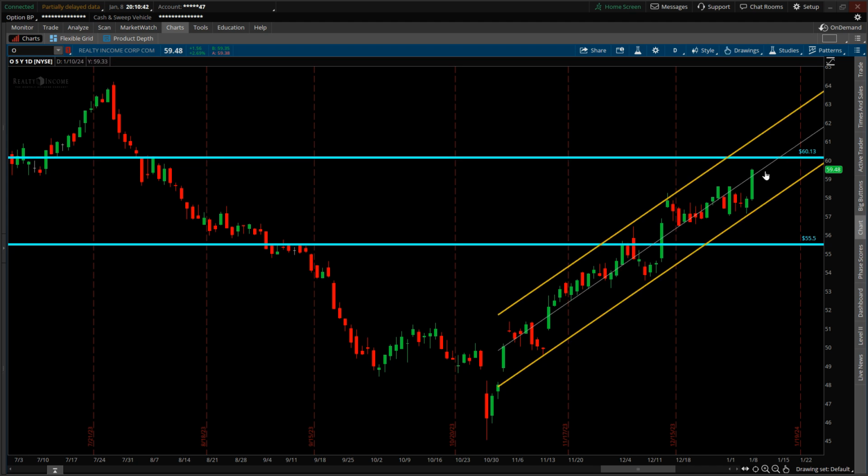So at this point, I think price doesn't have that much further to go before it will start fading back to the downside, possibly retesting the $55 threshold here after the January 19th expiration for monthly option contracts.